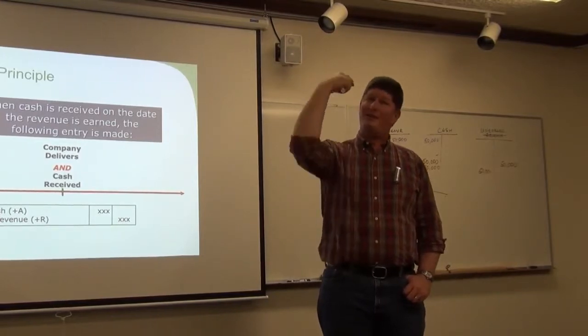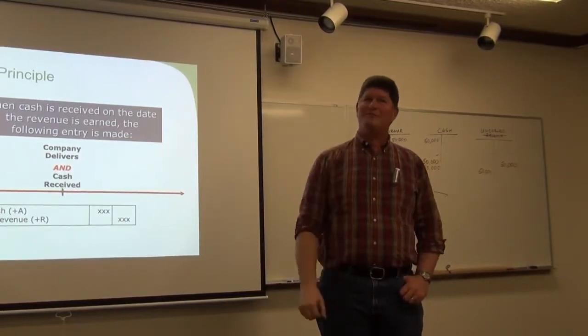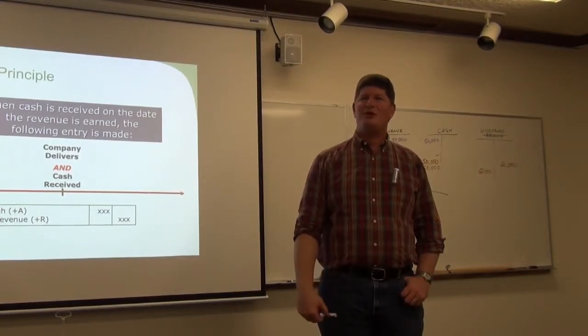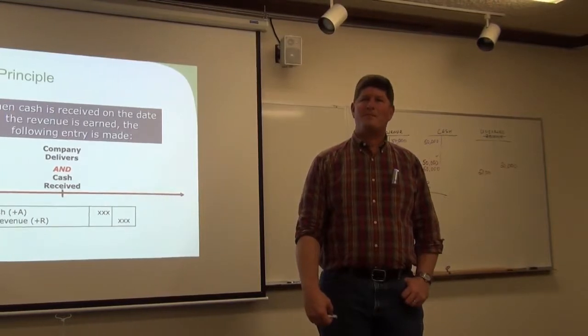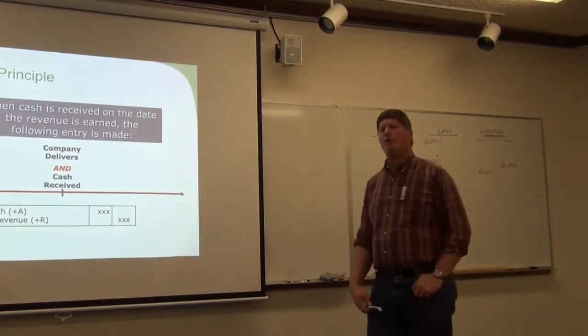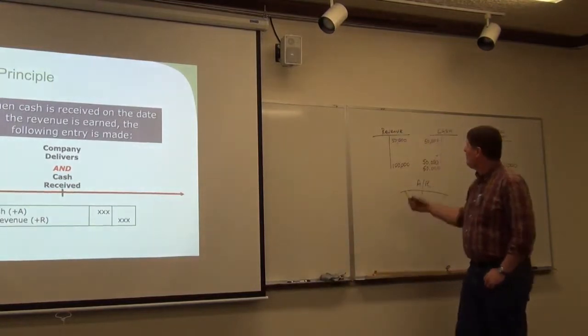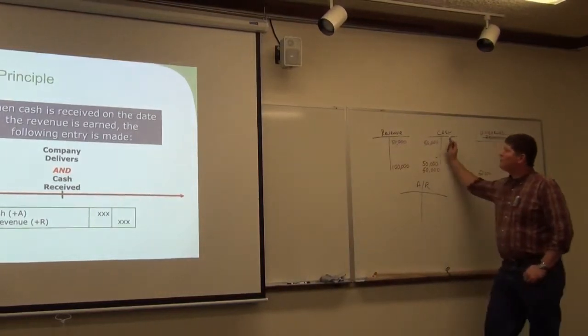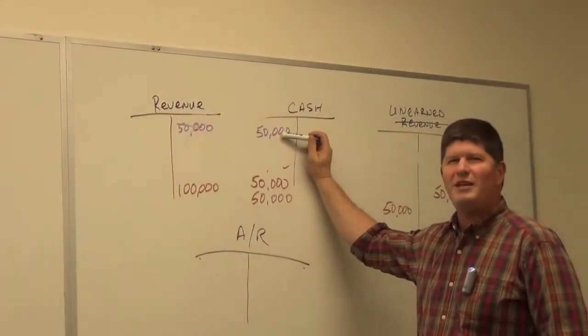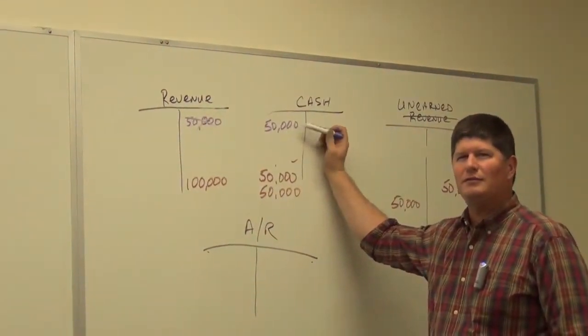I'm sorry, but I think you got me in a situation where I don't know what you would do. I've not ever seen that one. Sir? So a true cash basis, you wouldn't even record the $50,000 cash. Well, the more I think about this, on a true cash basis, would you give me cash before I gave you the product?